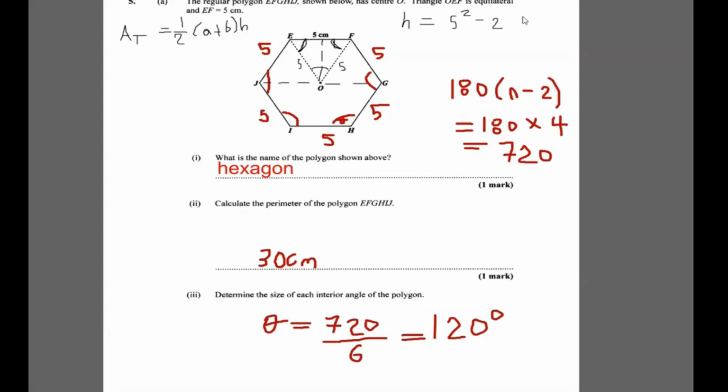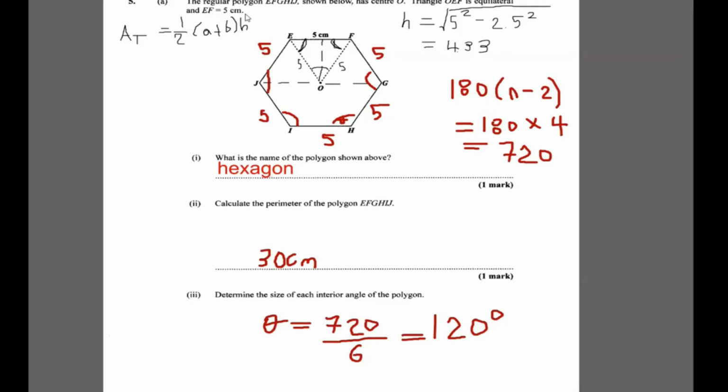We're using Pythagoras theorem to find the perpendicular distance H. So 5 squared minus 2.5 squared, and you square root it, that's 4.33. That's the perpendicular distance, 4.33. This T stands for trapezium.